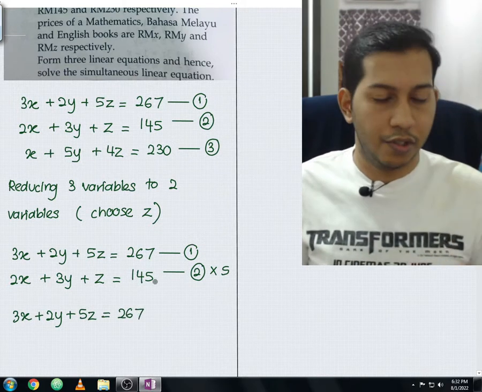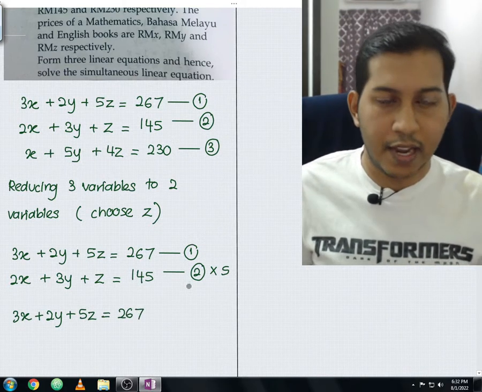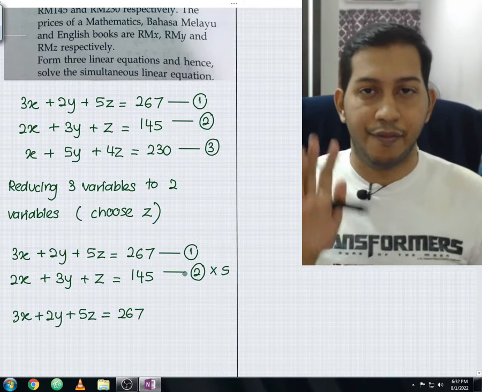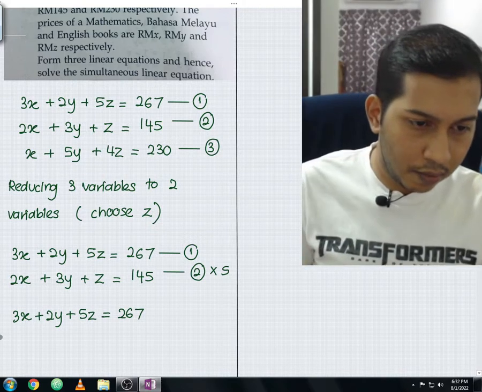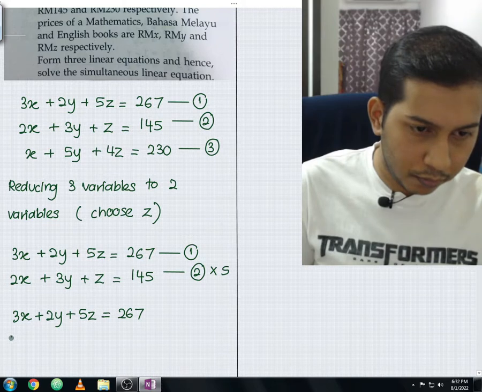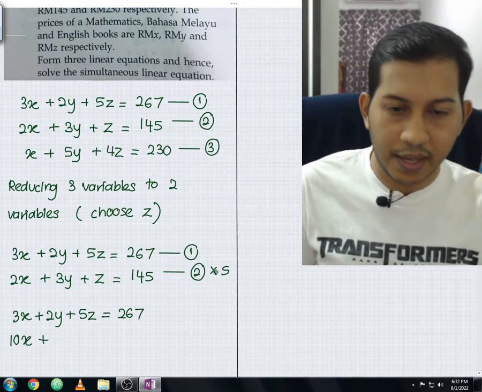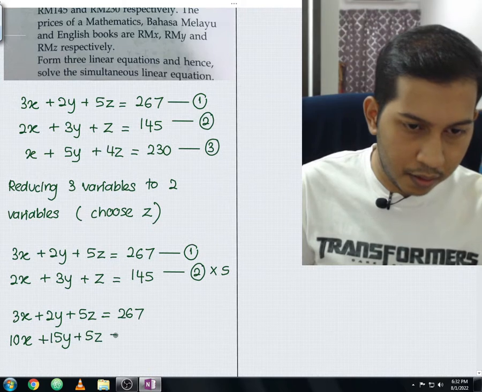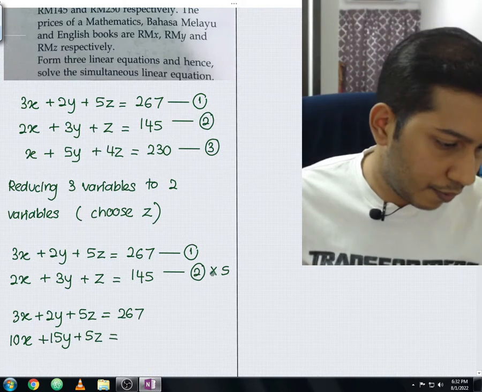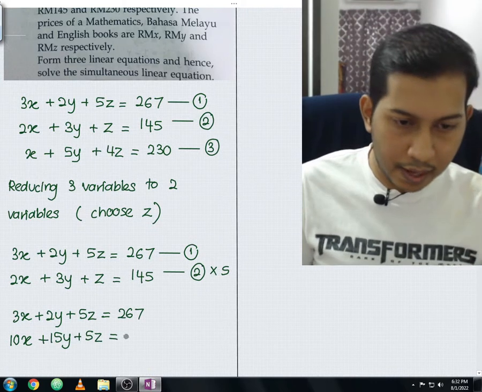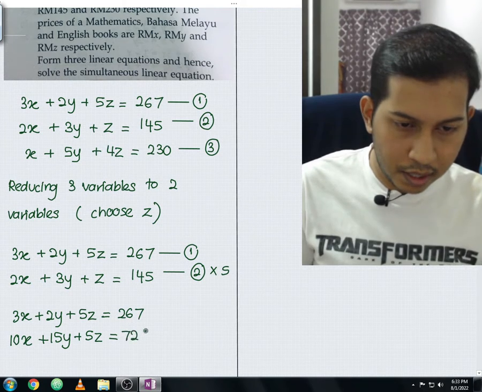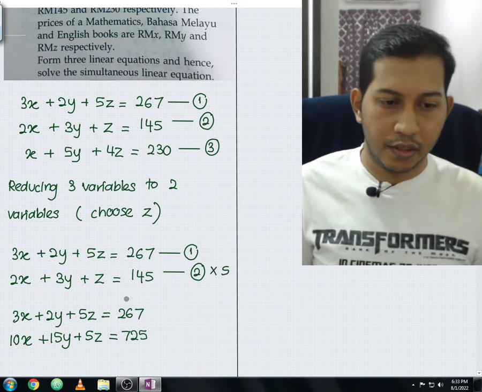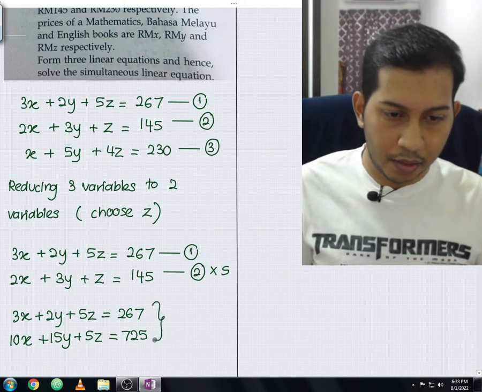The first equation has no change, whereas for the second equation, since you are multiplying by 5, it will be 10x, and then 3 times 5, 15y, plus 5z. So 145 times 5, from here you get 725. So these two equations you can subtract together.